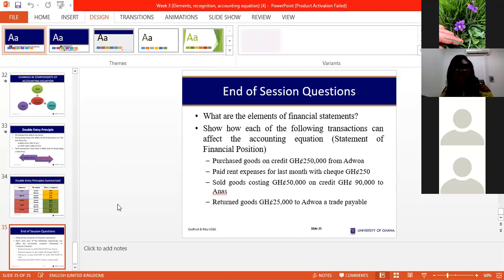So let's look at the effect. Purchase goods on credit. Let's assume Group 7, Account 7 entity or business organization purchased goods on credit from Ajua. What two items are affected? The question is, who is Ajua to the business entity?